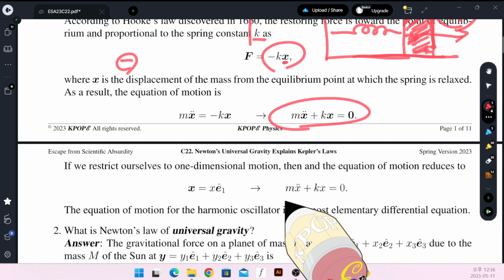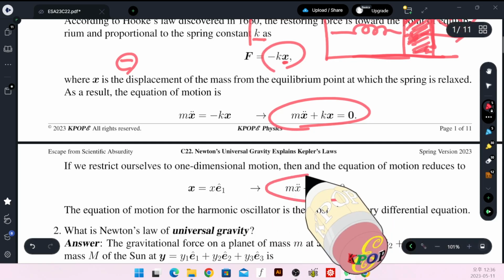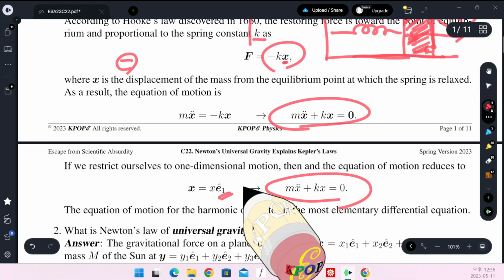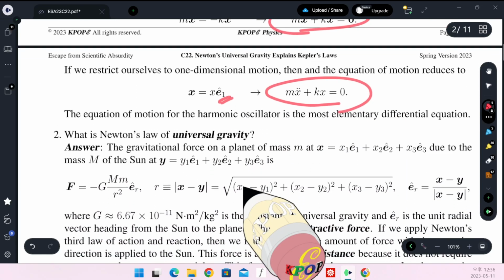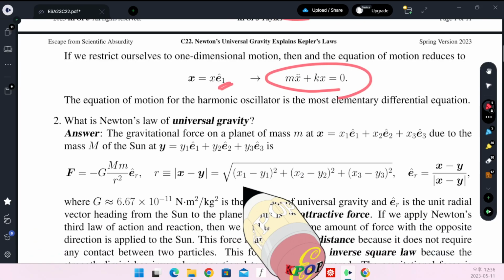Okay, if we restrict ourselves to one dimension, then we can pull out the unit basis vector of the Cartesian coordinate, and the equation of motion reduces to a simple problem.